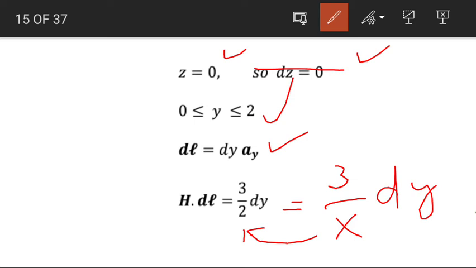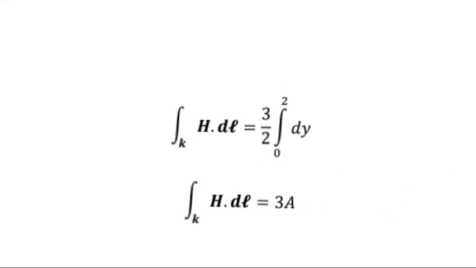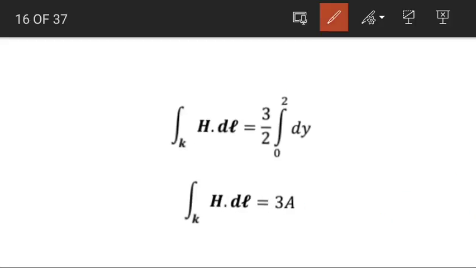So let us integrate H dot dl along this straight segment K. We have 3 by 2, and then we have the integration of dy, and y is changing from 0 to 2.